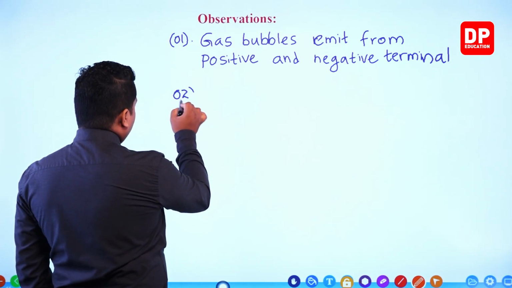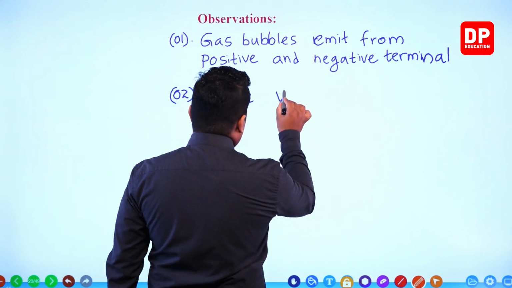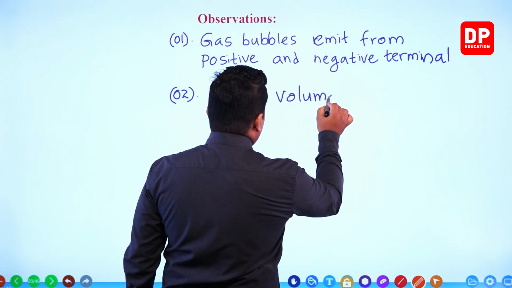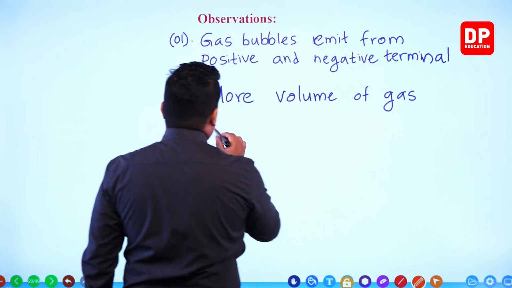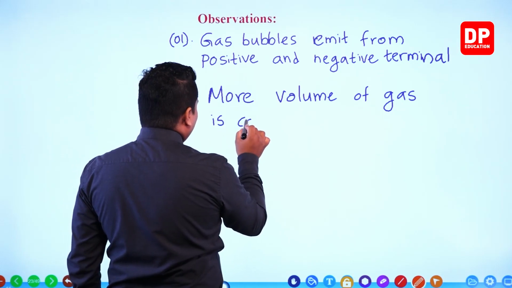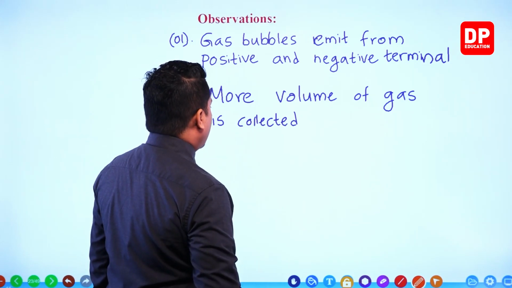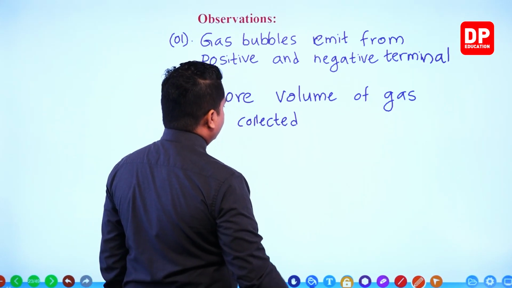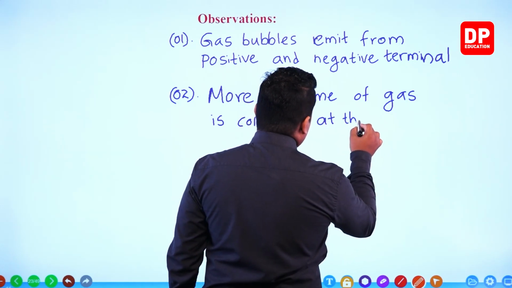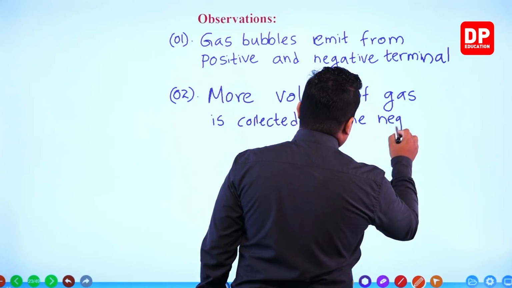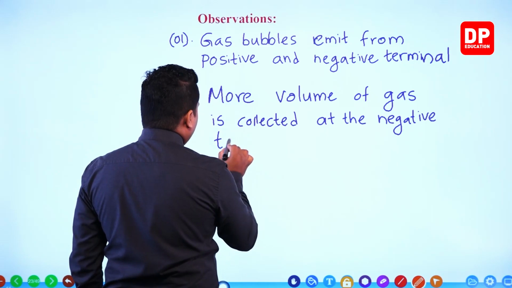Number two, more volume of gas is collected at the negative terminal.